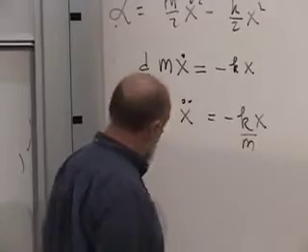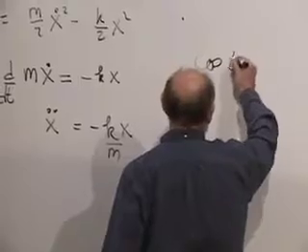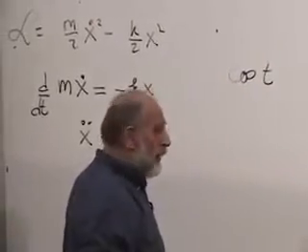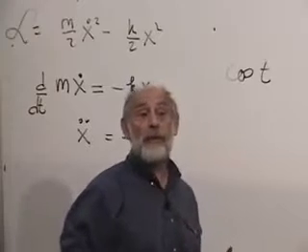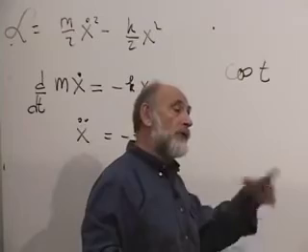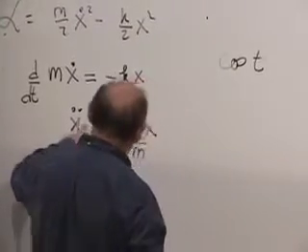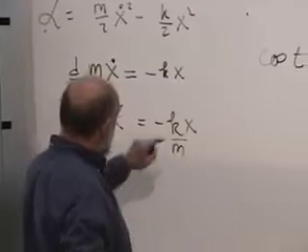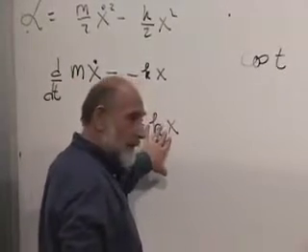Why is it cosines and sines? Supposing I take a function like cosine of t, and I differentiate it once. Then I get sine. What do I get if I differentiate cosine? Minus sine. And then if I differentiate again? Minus cosine.